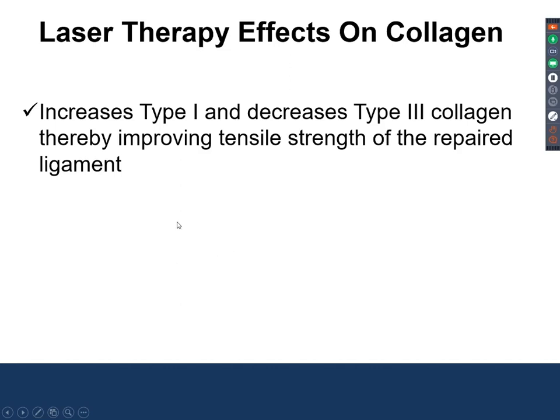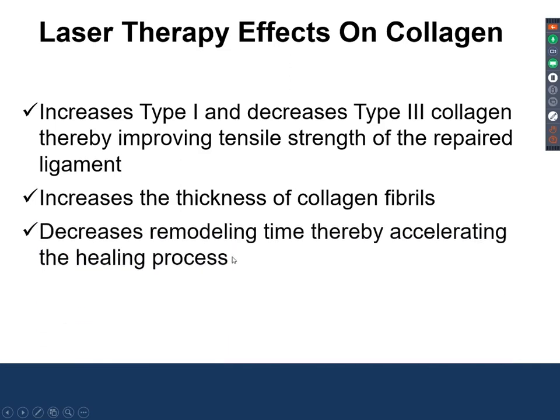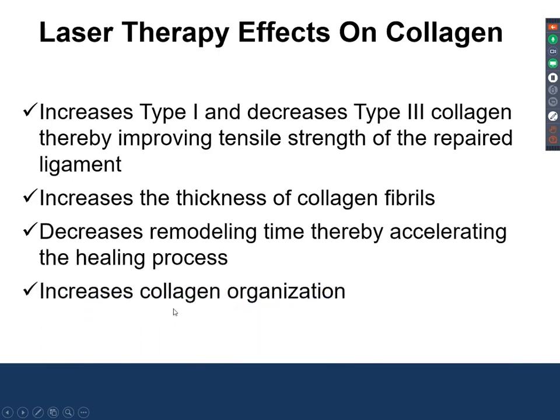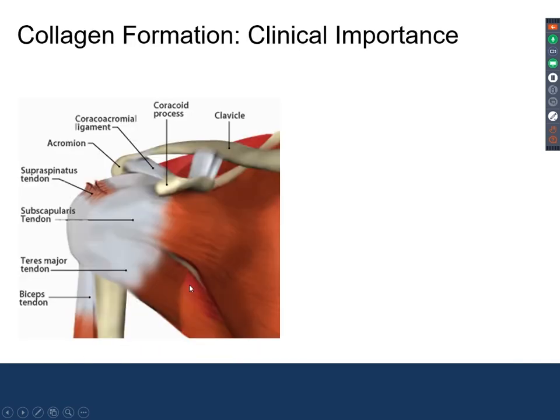We know that laser therapy can actually decrease the accumulation of type 3 collagen, and this helps improve tensile strength of the repaired ligament. It can increase the thickness of collagen fibrils and decreases remodeling time, and therefore accelerating the healing process. So overall, this will help with collagen organization.